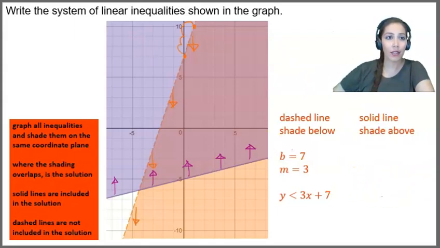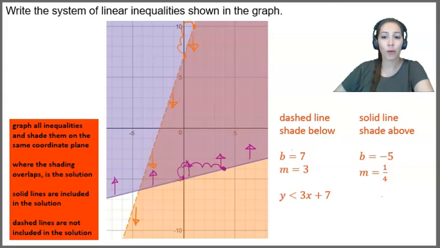I can see here that my y-intercept goes right through -5, so I have b equal to -5, and my slope is 1/4. That means I went up 1, to the right 1, 2, 3, 4. So you just have to find two points and use the graph to do rise over run. So I have my slope of 1/4.